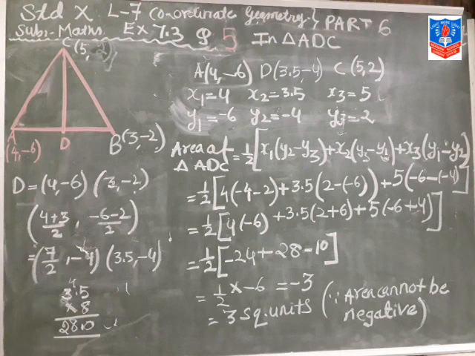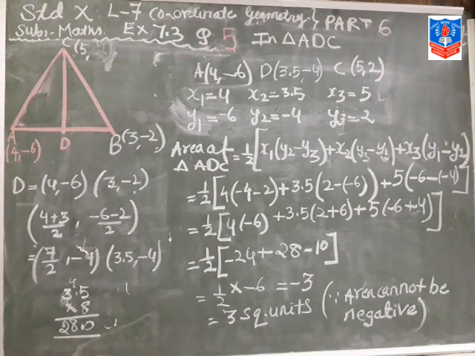Verify the result for triangle ABC given the vertices A 4 comma minus 6, B 3 comma minus 2, and C 5 comma 2. Okay, we will write, let CD be a median and D is the midpoint of AB. With the help of D, then only we can divide and find out.